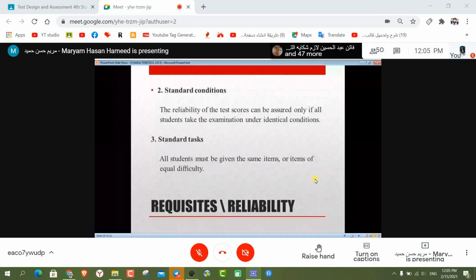The environment is quiet, for example. So, in general, the conditions for the morning group are better than the circumstances for the evening study.